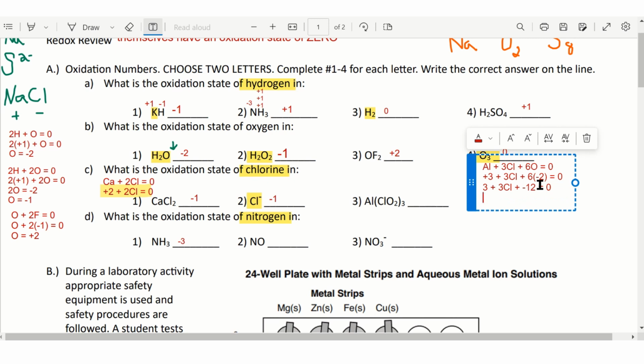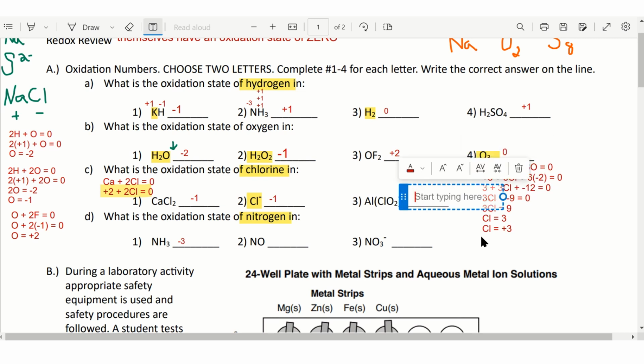Combine those like terms. I get 3Cl plus negative 9 equals 0. Add 9 to both sides. 3Cl equals 9. Divide both sides by 3. Cl equals 3, or Cl equals, because we have to put the sign, right? Positive 3. So this one is positive 3.